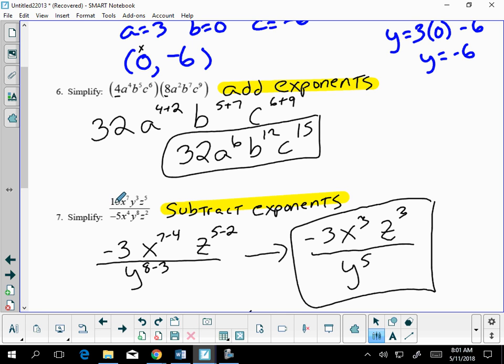You just divide. 15 divided by negative 5 gives me that negative 3. 7 is the biggest, or x to the 7th over x to the 4th. The top wins because that's the biggest number, so 7 minus 4. On my y's, my biggest number is on the bottom, so it wins, 8 minus 3. My z's, the biggest number is 5, so it's going to stay on top. And that one is not written well, that's a 3.